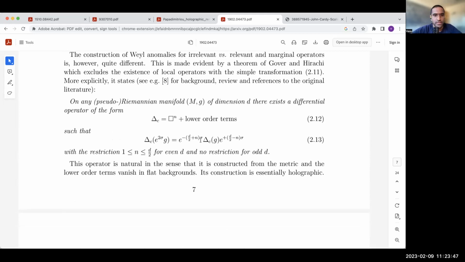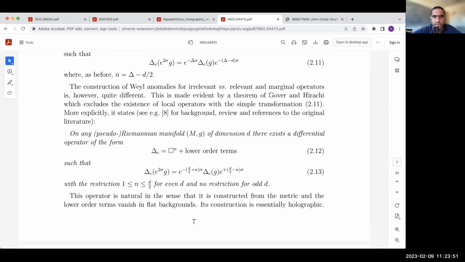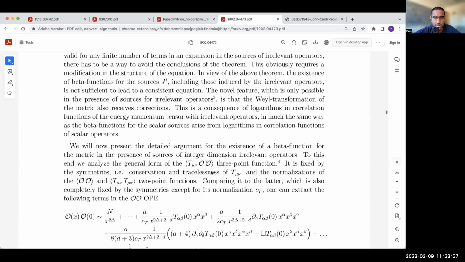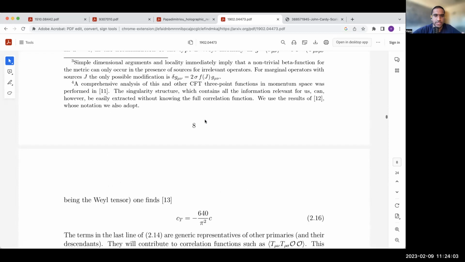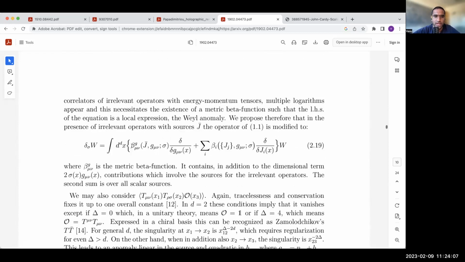It comes from this very nice theorem of Graham and Hirachi, which shows that there exists such a differential operator with curvatures and everything else. And then they go on to do the analysis involving the TOO three-point function and show how you can explain that there's going to be a beta function for the metric, meaning that under the RG flow, it's not just a Weyl rescaling, but really some geometric flow that the background undergoes.